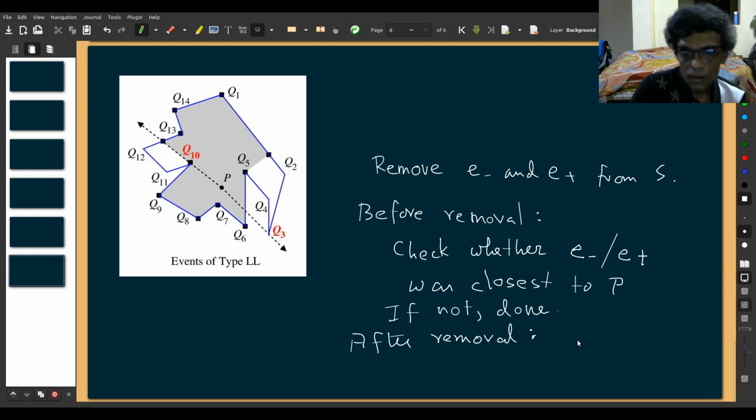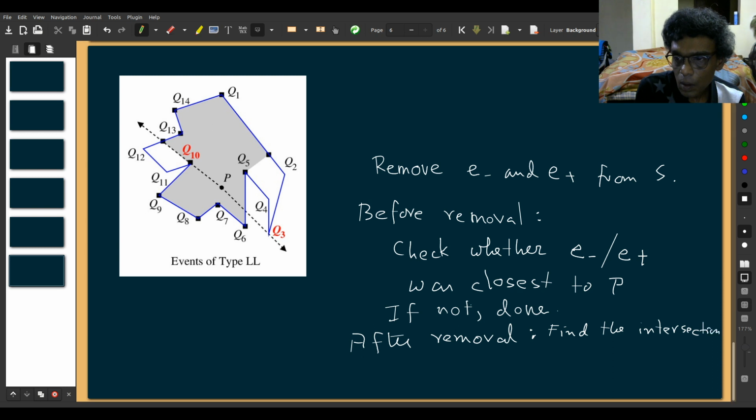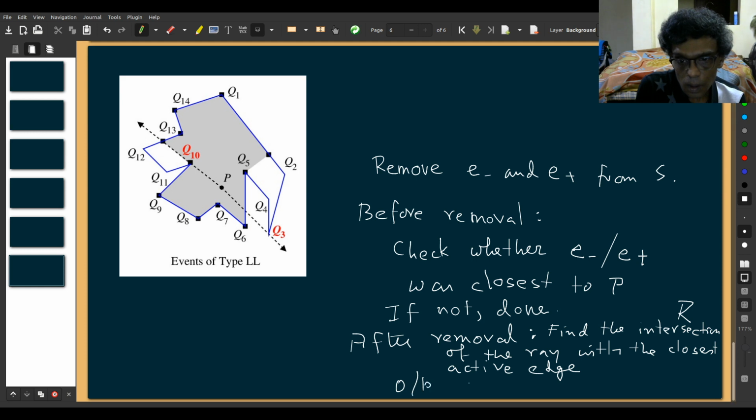So after removal, find the intersection of the ray with the closest active edge. Let us call the intersection R. So output this Q and R in that order.